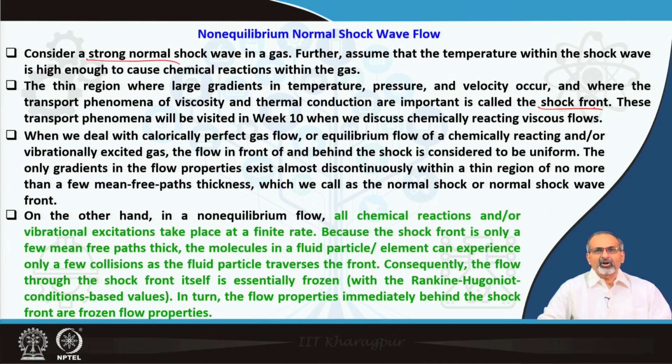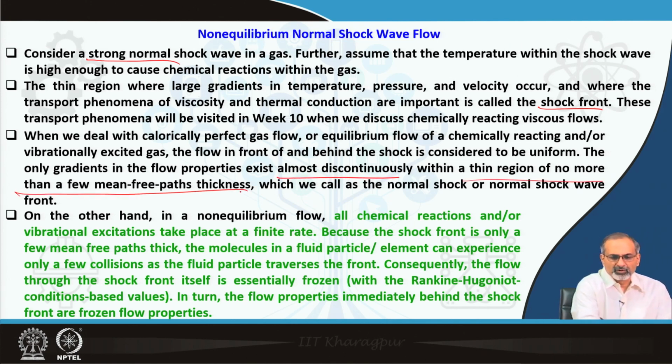When we deal with calorically perfect gas flow or equilibrium flow of a chemically reacting and/or vibrationally excited gas, the flow in front of and behind the shock is considered to be in equilibrium. The only gradients in the flow properties exist almost discontinuously within a thin region of no more than a few mean free path thickness, which we call a normal shock or normal shock wave front.